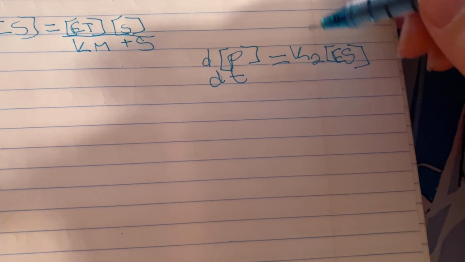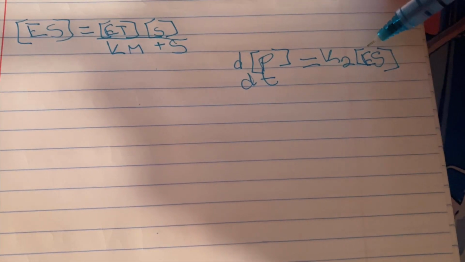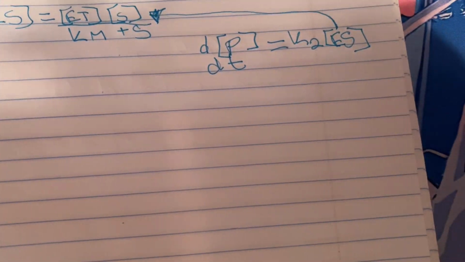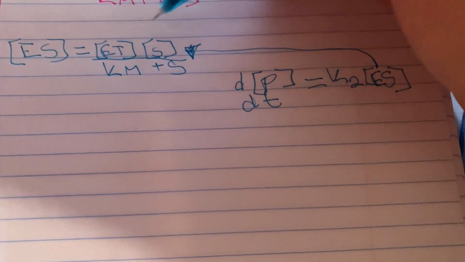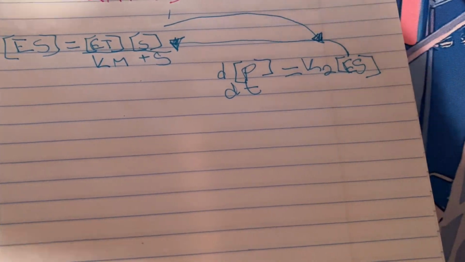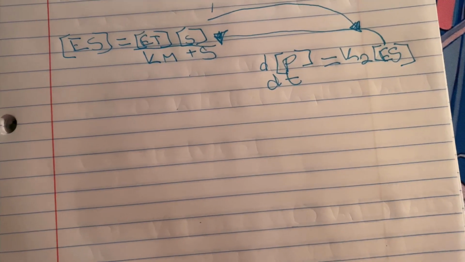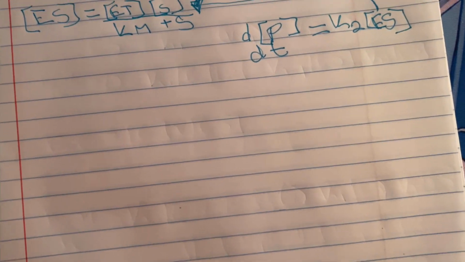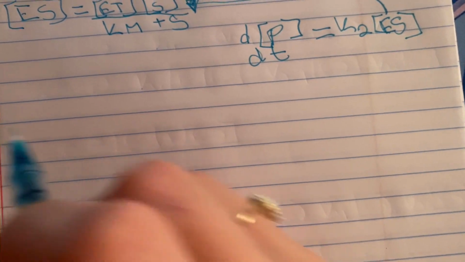Now, we already have an equation for ES, which is over here. So we're going to go ahead and substitute yet again. We're going to substitute ES into the rate equation.